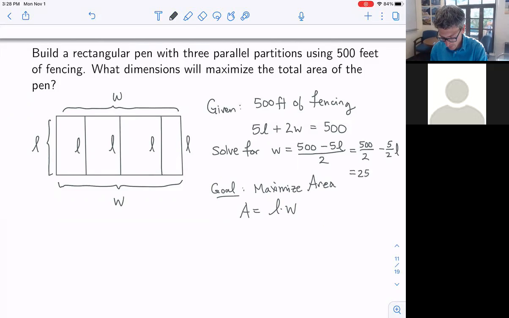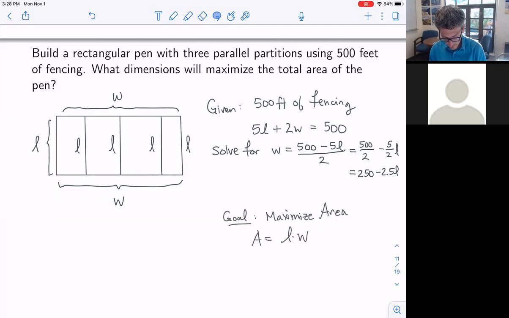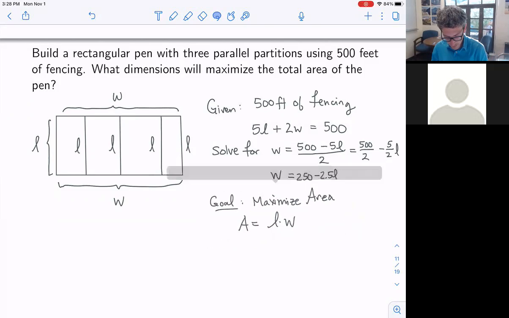That's 250 minus 2.5 times L. So let me move this all here. I have this nice, beautiful formula for W. W is going to be 250 minus 2.5 times the length. And now I can use that to get my area in terms of just one variable, L.